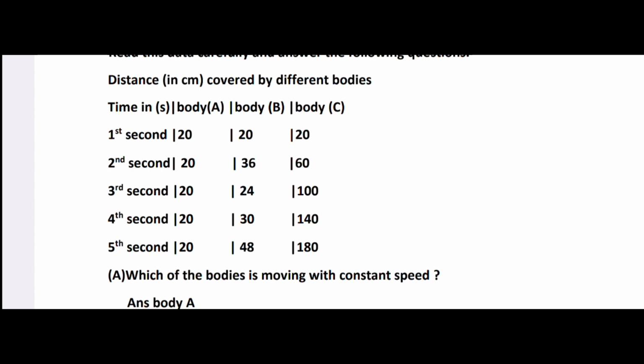In fourth second, body A again covers 20 km, B 30 and body C 140. In fifth second, students, the body A covers 20 kilometers, body B 48 and body C 180 kilometers.